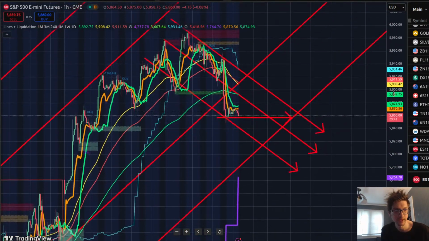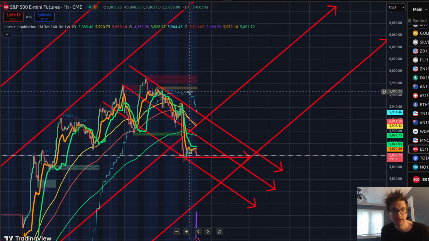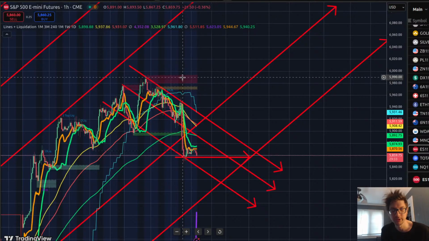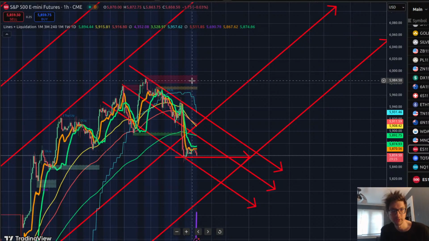And then the same thing applies to the S&P. It's just that instead of drawing a line, it's going to be the liquidation areas, the liquidation zones that we're going to use as support and resistance at that point. Go back to the Nasdaq for a second.